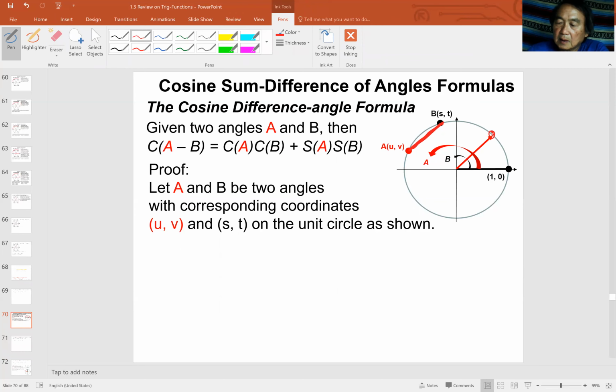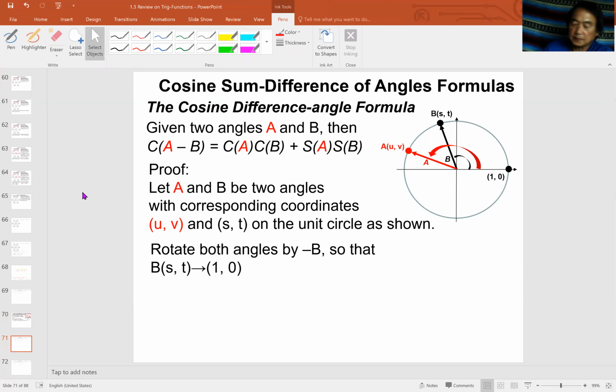The coordinates of this point, this distance and that distance are the same. I equate them, and the formula pops out of it. Here's a calculation for it.